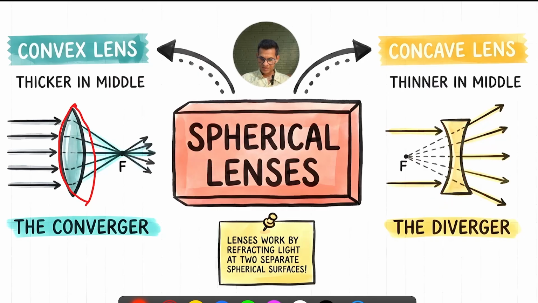Now remember that the convex lens is the converging lens and concave lens is a diverging lens, which is exactly opposite to mirror, where concave is converging mirror and convex is diverging mirror. Here it is opposite. So let's understand the different points that we need to remember with respect to these lenses.